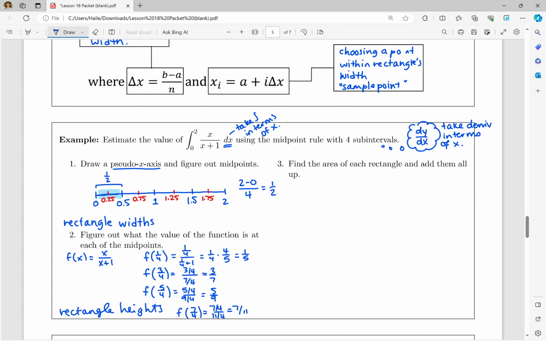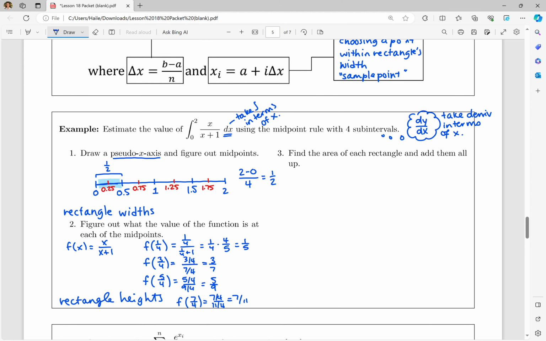Now finally we're going to find the area of each rectangle and add them all up. Let's write this as one big sum. We have f of 1/4 times 1/2, plus f of 3/4 times 1/2, plus f of 5/4 times 1/2, plus f of 7/4 times 1/2.